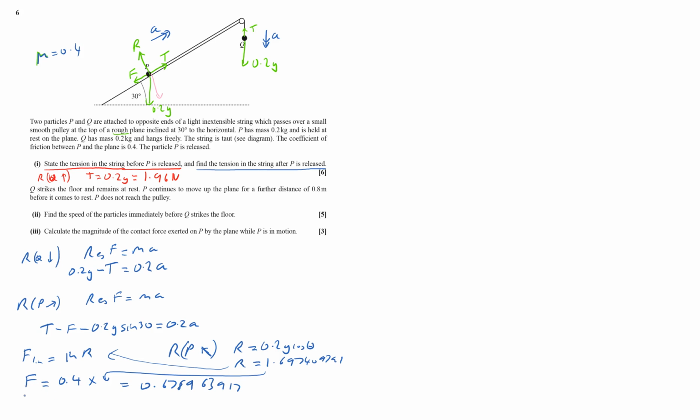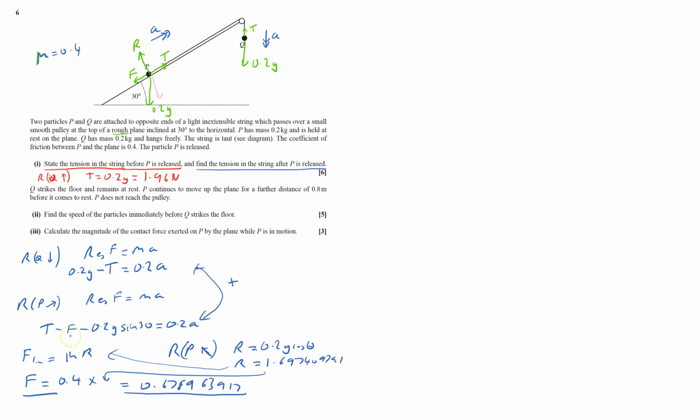I could put that into this bit here, and then take this one and that one and add them together. If I add them, because I have a minus T and a plus T, the T's will disappear, and that will leave me with my minus F as an extra.